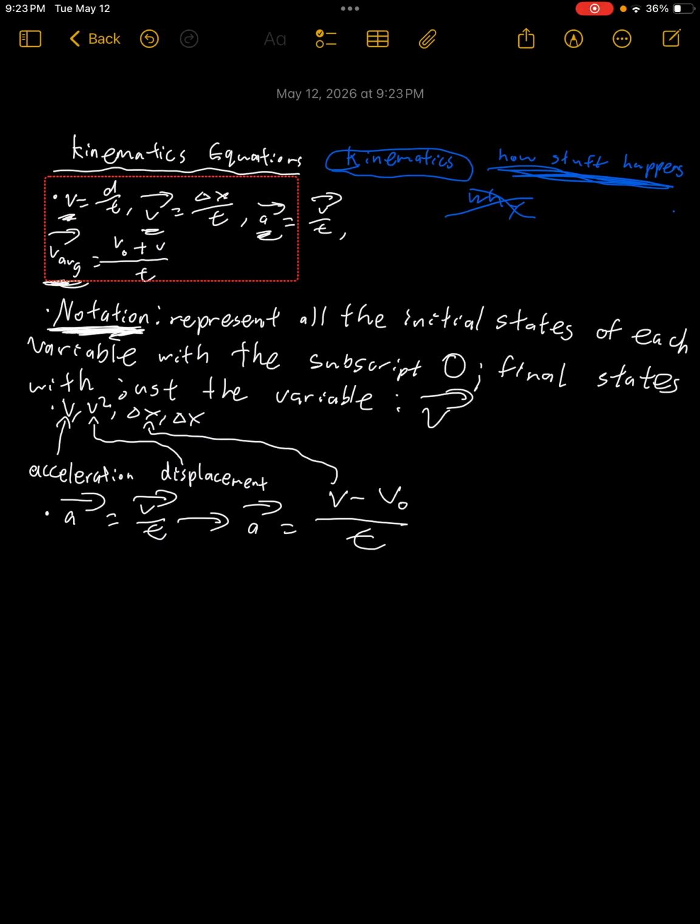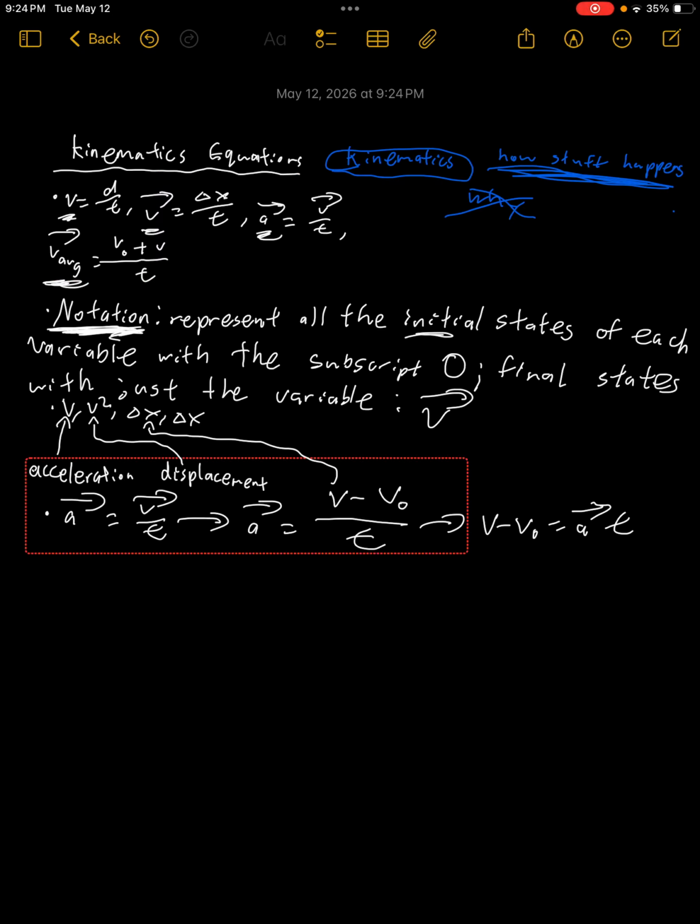Then we multiply both sides by t to get v minus v0 equals a t, and then we add v0. Oh yeah, v0 is the initial state, as said, in case you forgot.